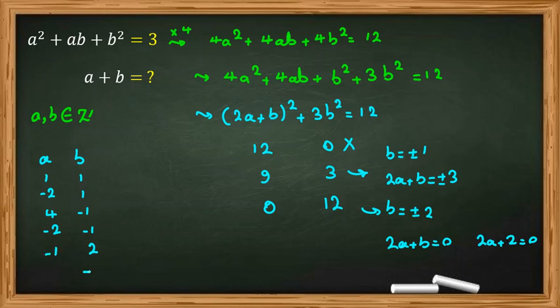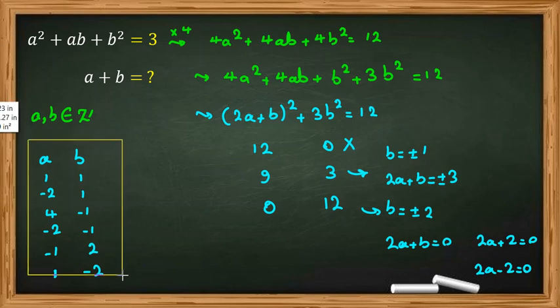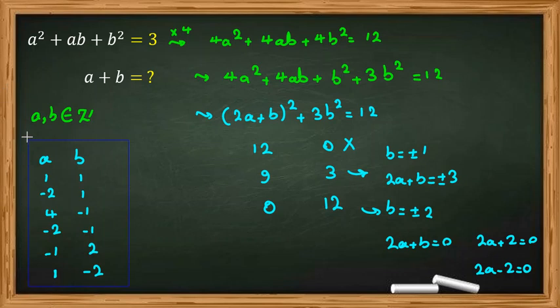If b is negative 2, then 2a minus 2 is 0. A is 1. Okay? So, we found these. Let me write with another color. We found these 1, 2, 3, 4, 5, 6 answers.